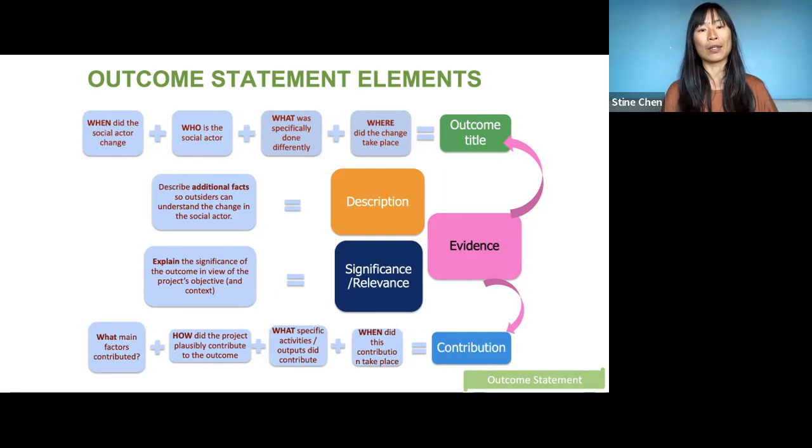Or maybe you look at the description and that brings more clarity about what is important to include in the outcome title. So in that way, certain elements may be revised as you go through the outcome statement.